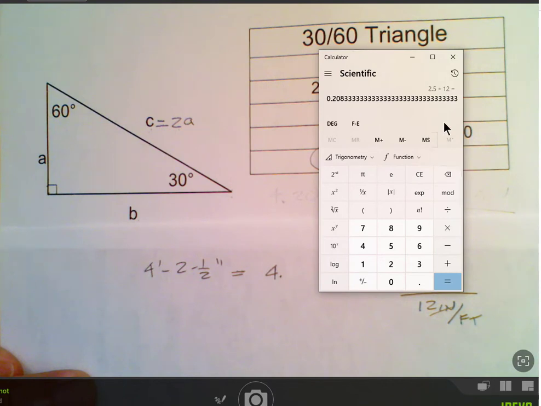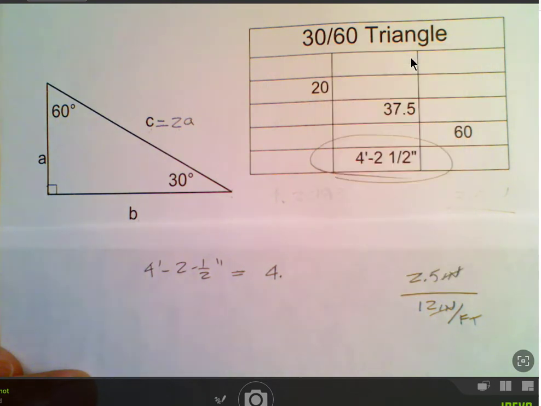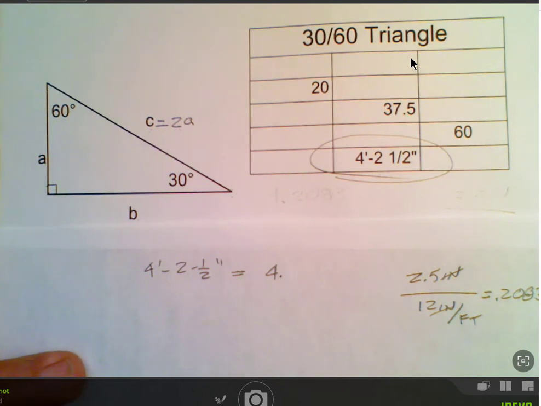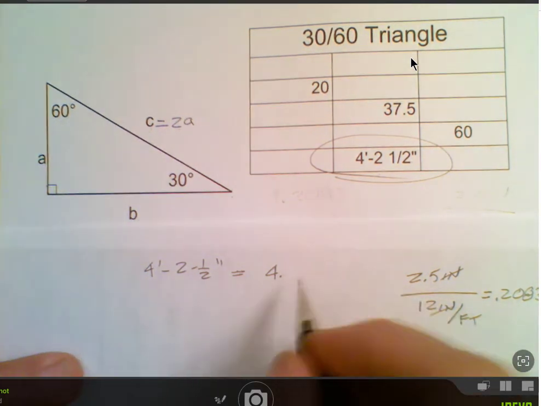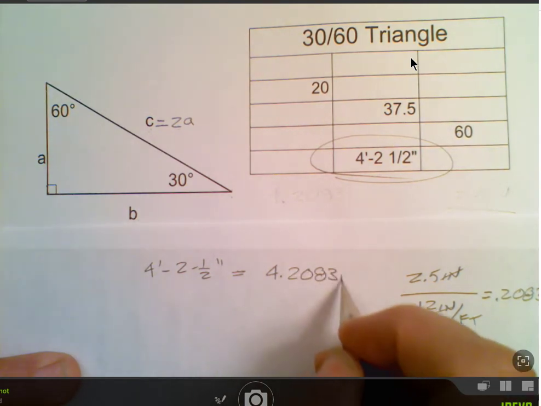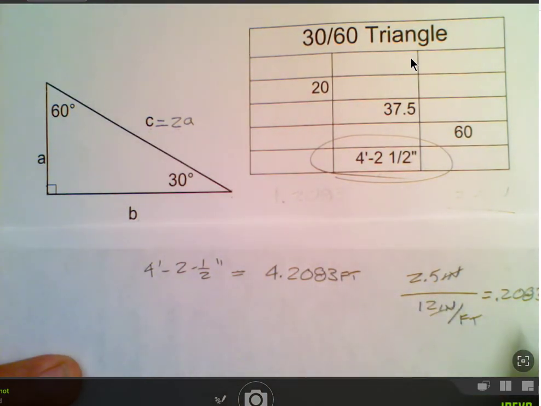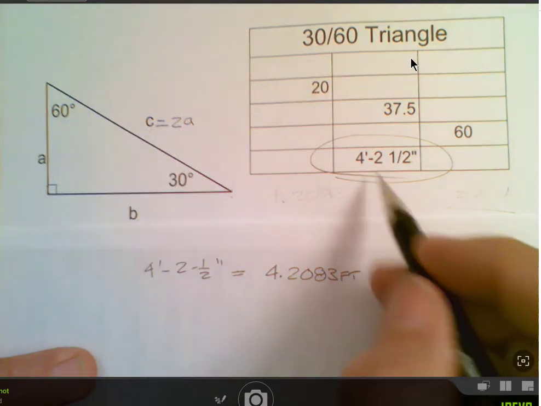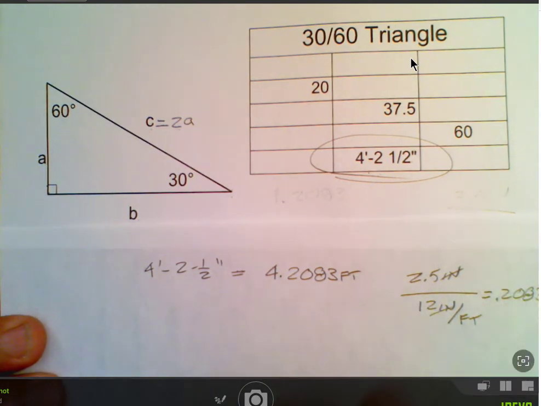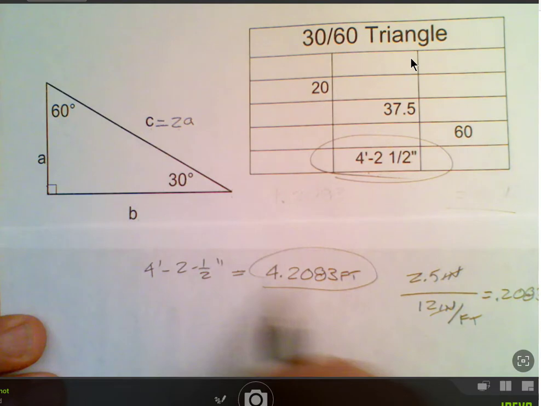And what that means is we can write 0.2083 feet, because that's what's left over. We take that decimal value and we add it to the 4, and we get 4.2083 feet. Now that value can be used in the place of what you have here as architectural units for doing these calculations.